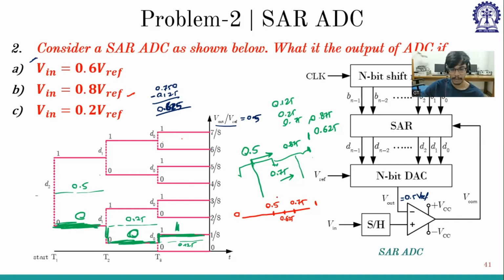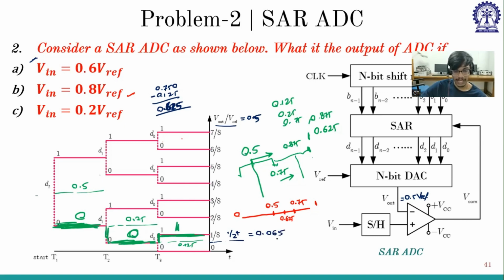Sir, in this 0.2 VREF, if we have the fourth bit, it will be 0, right? No, if we have the fourth bit, then it will be compared with 1 by 2 to the power 4, so it will be more than or less than 1 by 2 to the power 4. 1 by 2 to the power 4 is 0.0625.